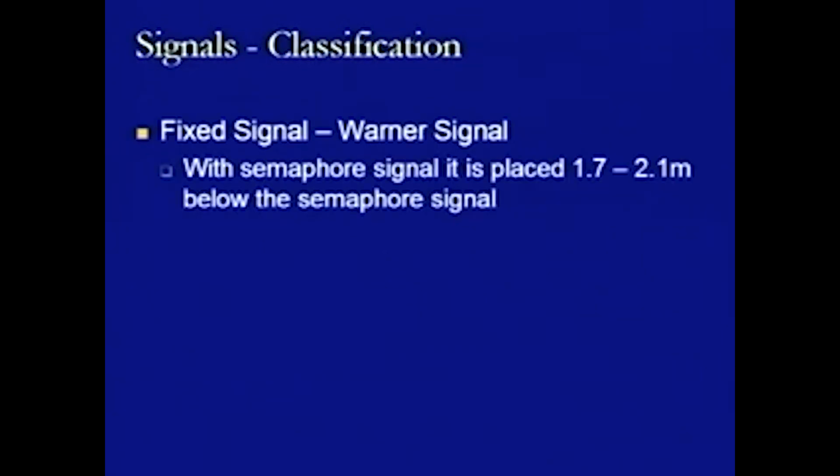Now, another thing is that if it is provided at all with the stop semaphore signal on the same signal post, then it is to be placed at a distance of around 1.7 to 2.1 meters below the semaphore signal, that is below the center line of the semaphore signal movable arm. At this much distance we can provide a Warner signal.